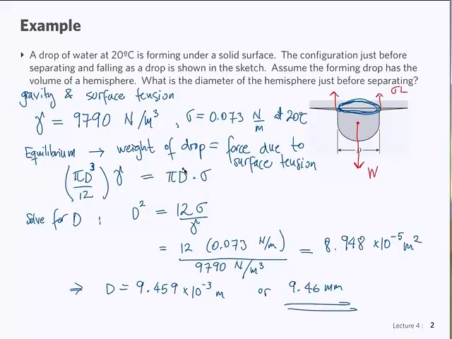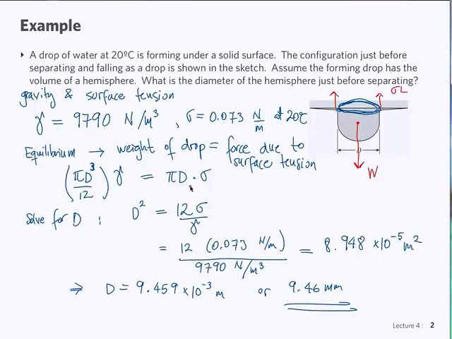But if the circumference is being made smaller, you can see that the surface tension force is going to be smaller and smaller, so it'll detach more quickly.